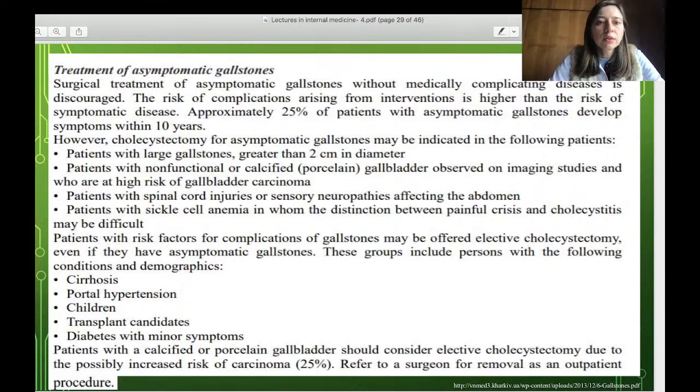Patients with sickle cell anemia in whom the distinction between painful crisis and cholecystitis may be difficult. And patients with risk factors for complications of gallstones may be offered elective cholecystectomy, even if they have asymptomatic gallstones.